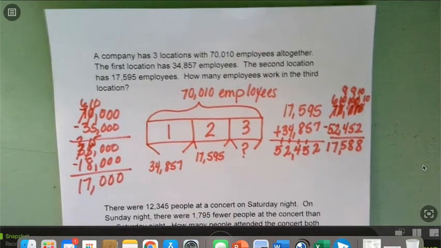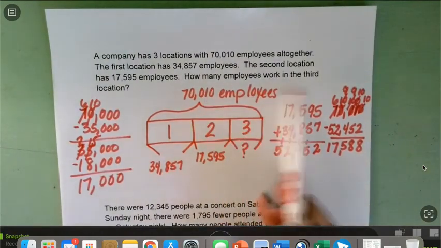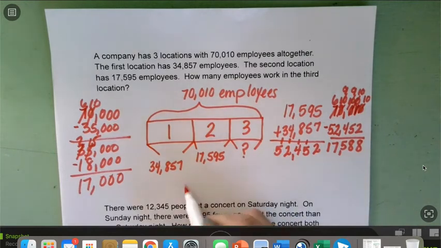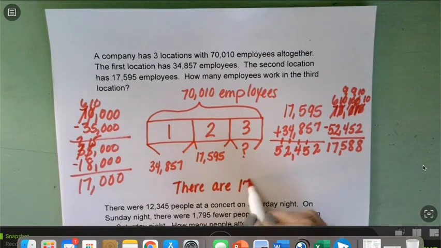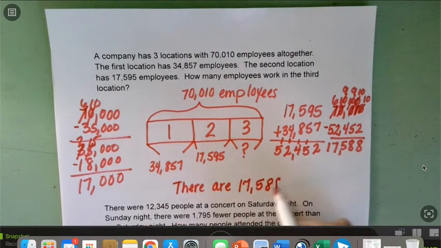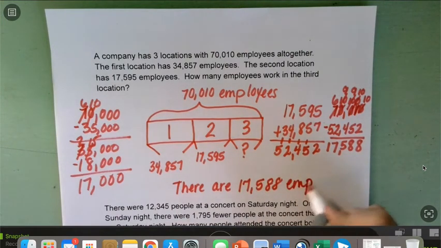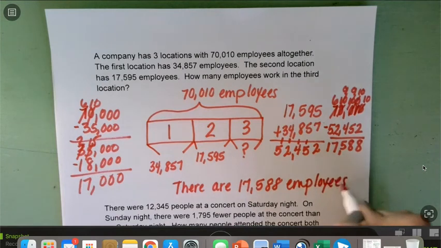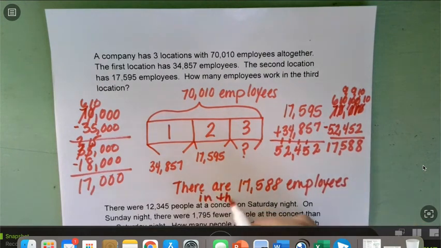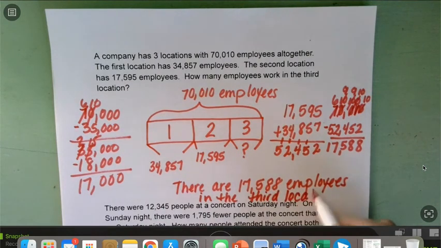So my answer to the question, how many employees work in the third location, is there are 17,588 employees in the third location. This is our exact answer.